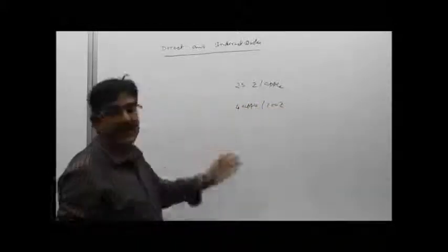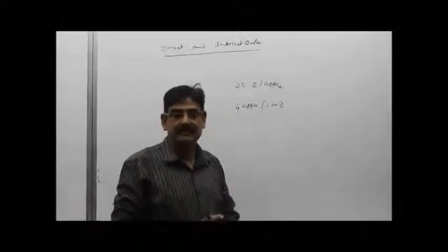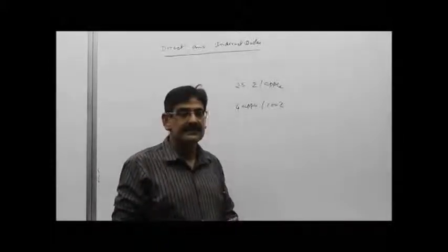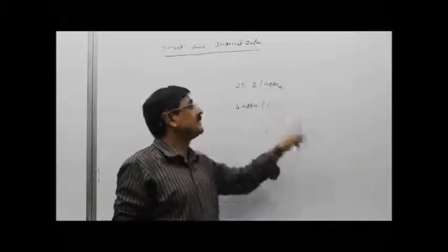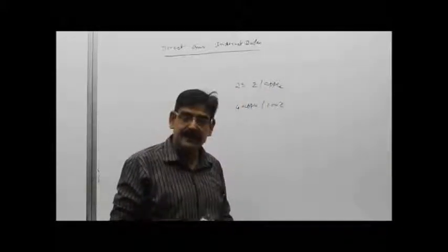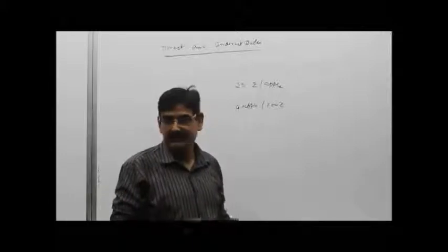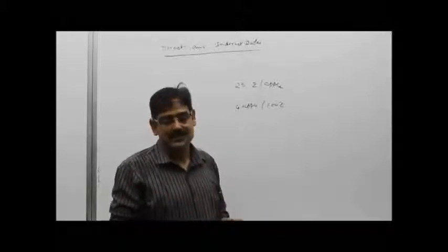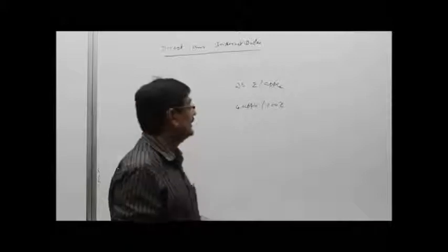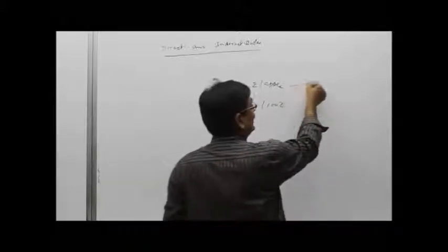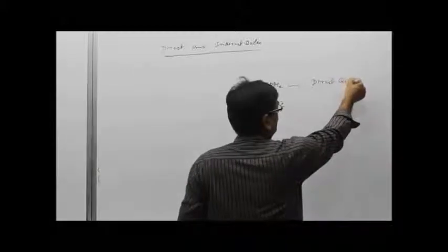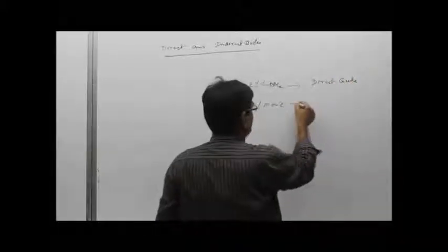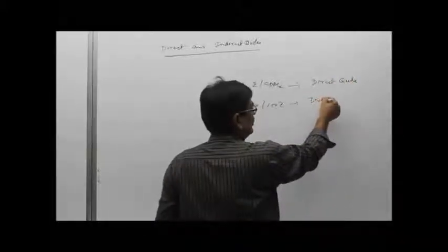What is the difference between the two rates? 1 apple costs you 25 rupees, or 4 apples in 100 rupees. Are they different or are they the same? The answer is they are the same. But this is one way of writing, we call it a direct quote, and this is called an indirect quote.